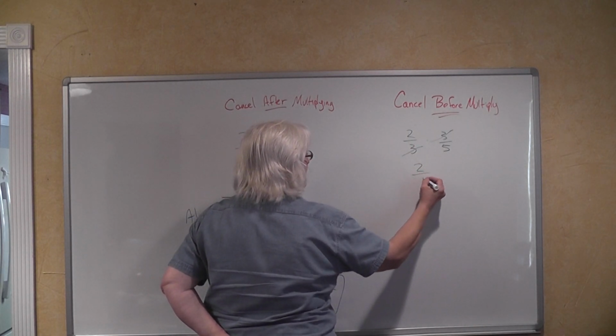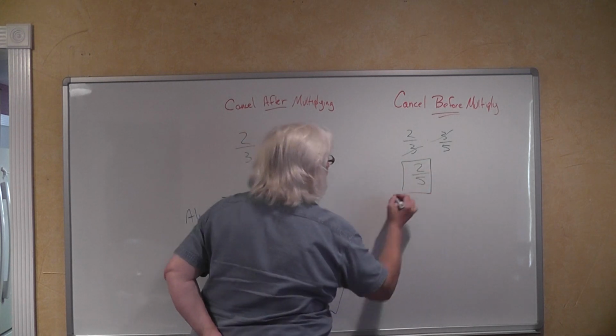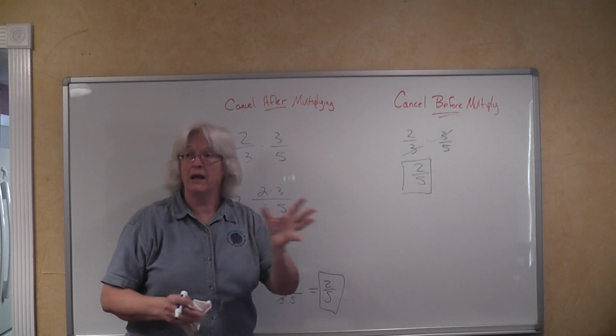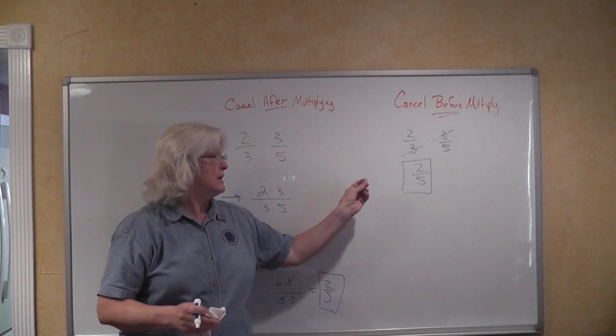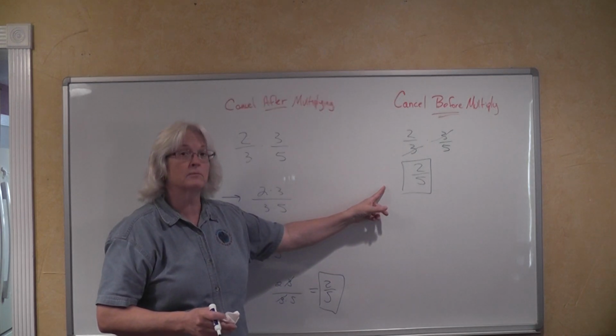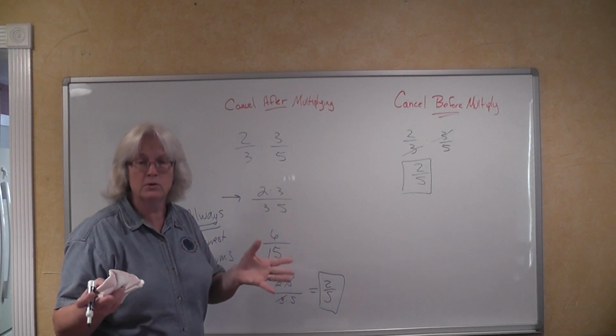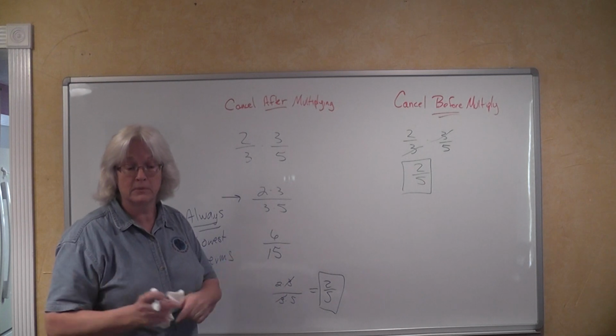The only factors remaining are 2 and 5. So the product of 2/3 and 3/5 is 2/5. Now you look at this and there's not a huge amount of difference there, is there?